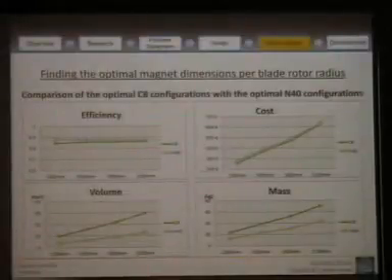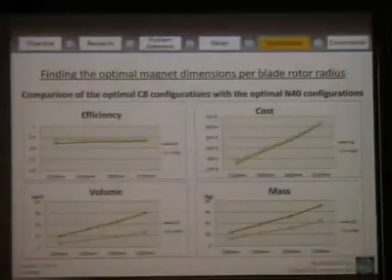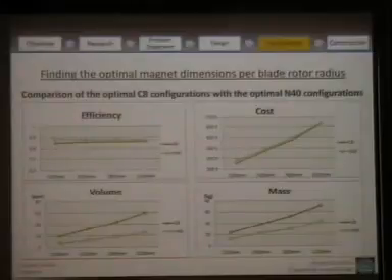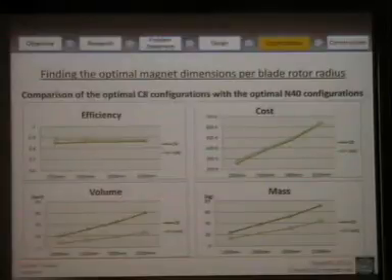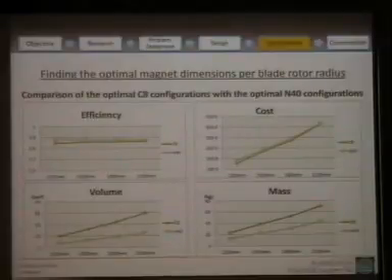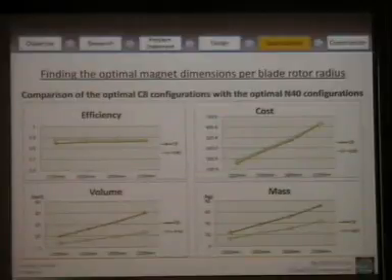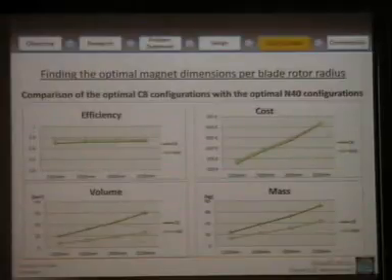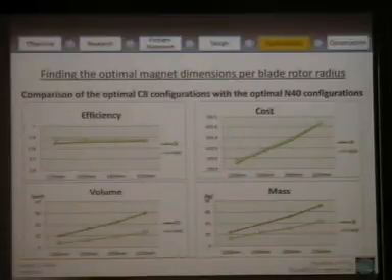And here we see that the optimal ferrite generators have a bit lower efficiency and lower cost, but much greater volume and mass compared to the optimal neo generators. This was expected because we increased the number of poles, so the diameter of the generator was bigger, and also the algorithm shows bigger magnets, which increased further the diameter and the weight of the generators.